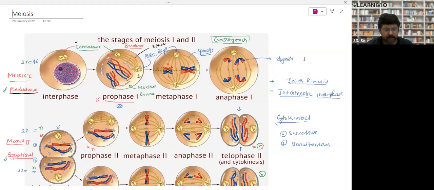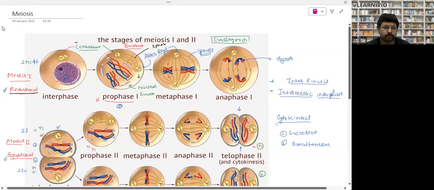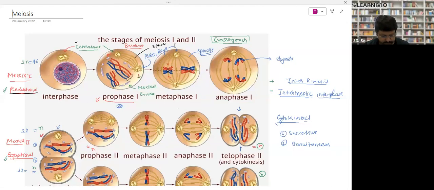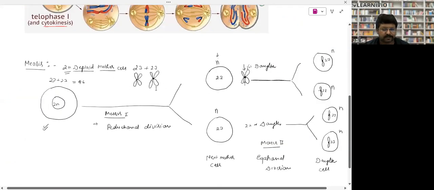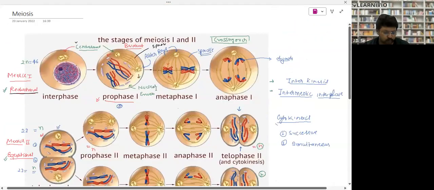Now next, put the heading meiosis first. The main heading was meiosis; the second subheading is meiosis first. Start writing now. Meiosis first is called reductional division. Full stop.